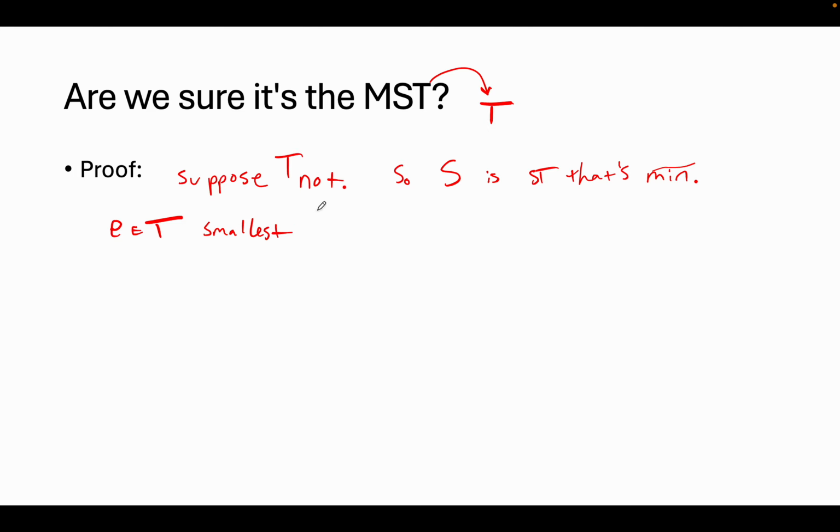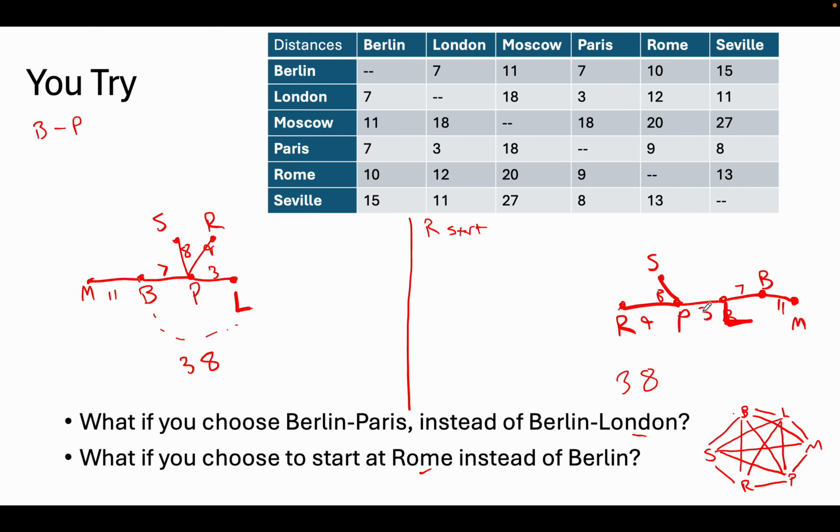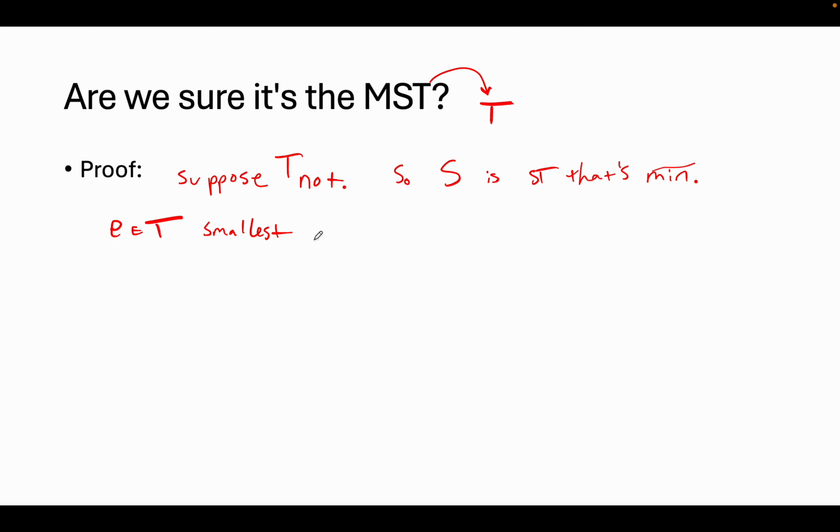There's some smallest edge in T. For us, it would probably be Paris to London, that's edge 3. There's some edge in T that is the smallest, but let's say that it's the smallest one that's not in S. So we've got these two trees, and there's one smallest one that's in one, but not the other.